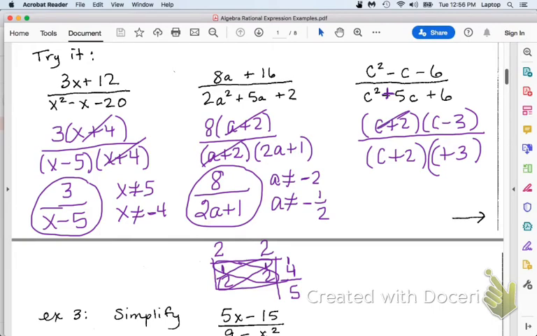Our simplified rational expression is c minus 3 over c plus 3. Again, we have to look at this right here to decide which would make the denominator 0, so that we know we can exclude: c cannot be equal to negative 2, and c cannot be equal to negative 3.